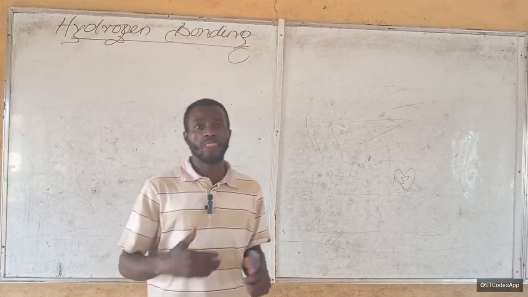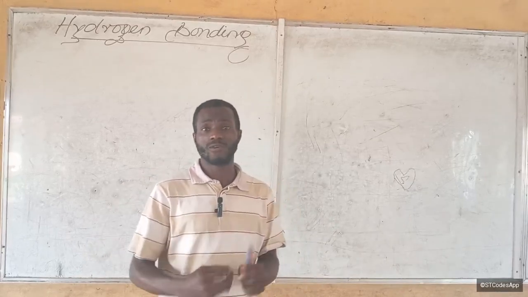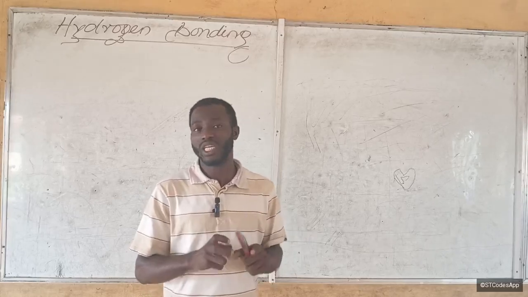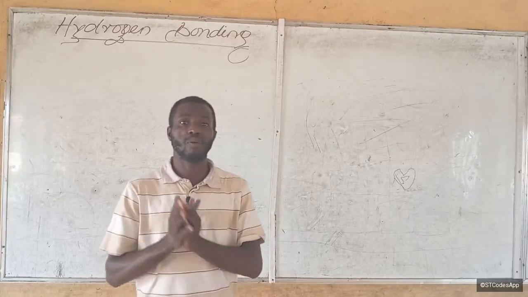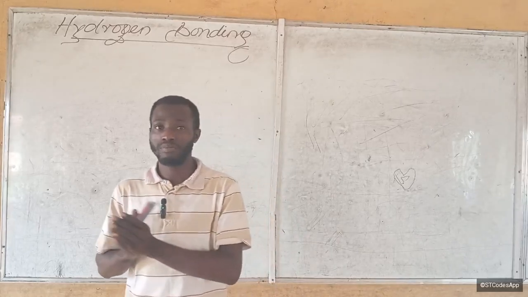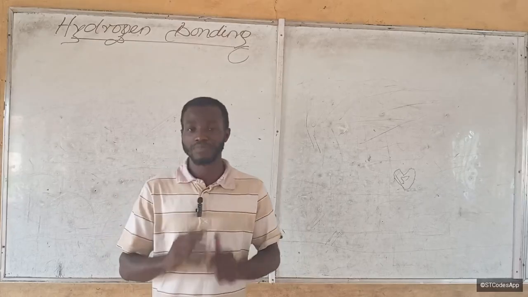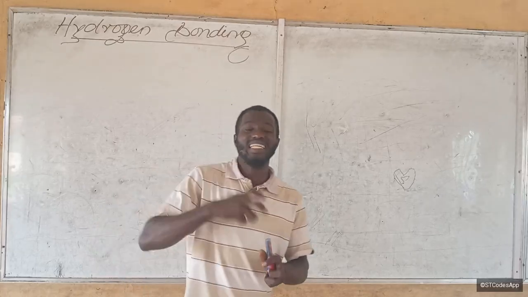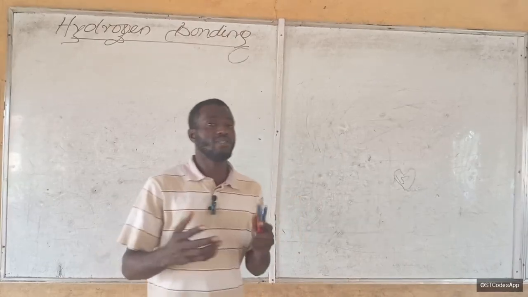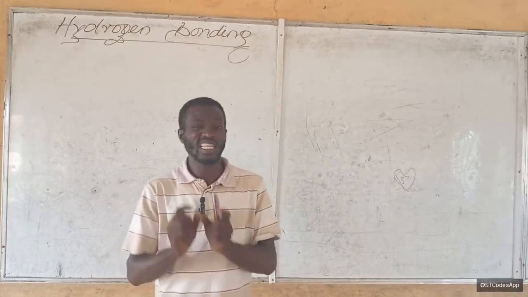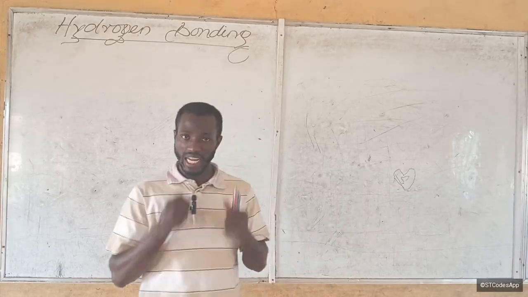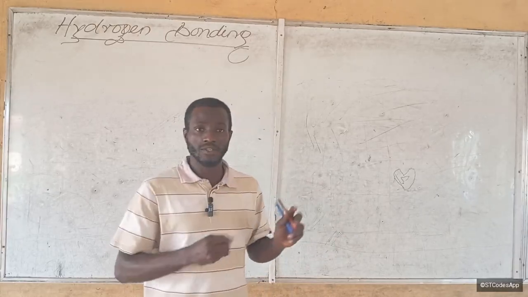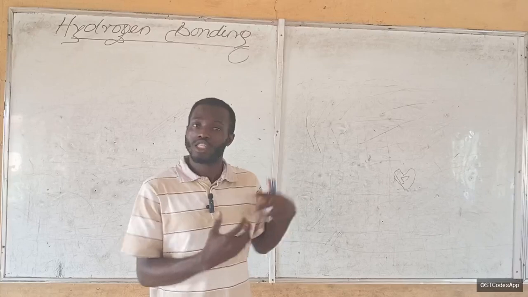Now, when hydrogen coordinates with other atoms that have high electronegativity values, the hydrogen is bound to become the positive dipole. First, you must understand what electronegativity is. I have already explained that electronegativity is the capacity of an atom to withdraw electron density towards itself.